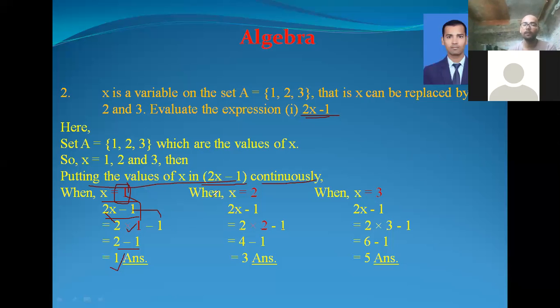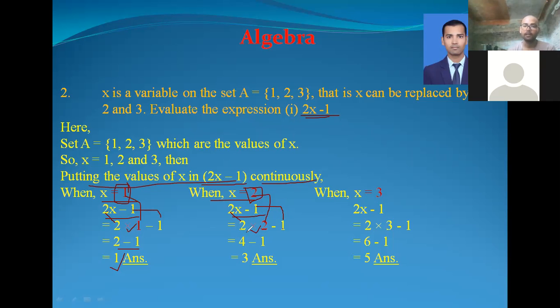In the same way, when we have x is equal to 2, again the value of x is given in red color for identification. So here you can see, while putting x is equal to 2 in the expression 2x minus 1, we have 2, and between 2 and x there is no sign, that's why we have written a multiplication sign, and the value of x is 2, and minus 1 from here again.